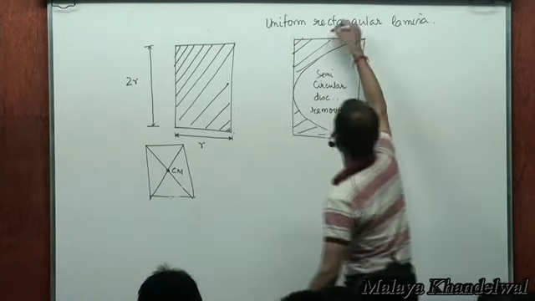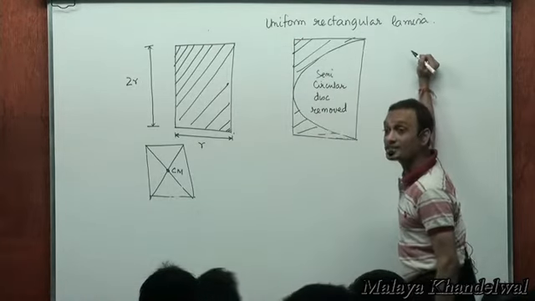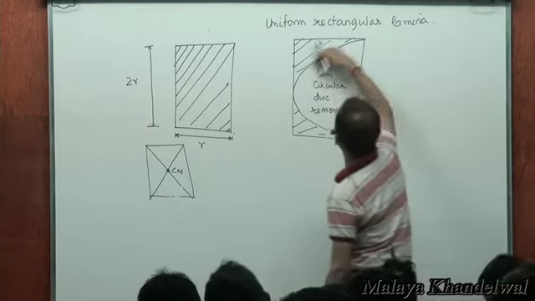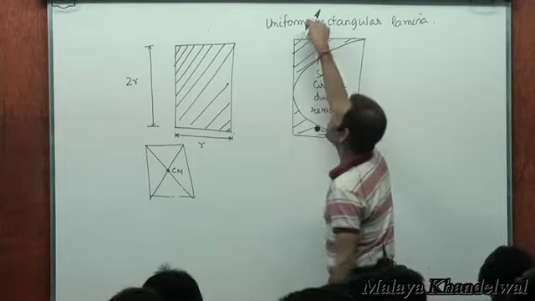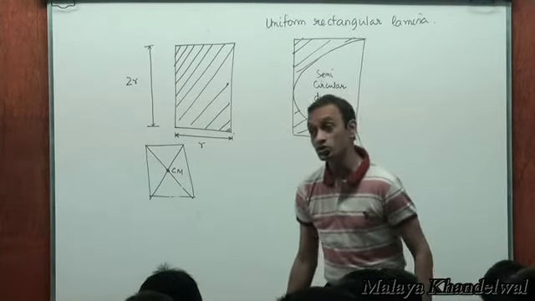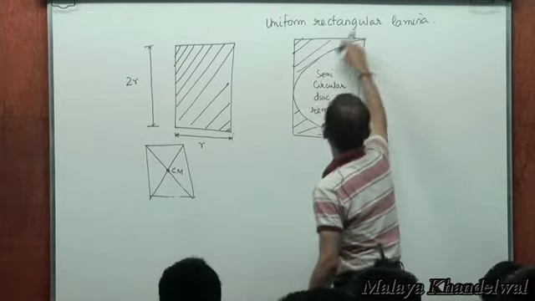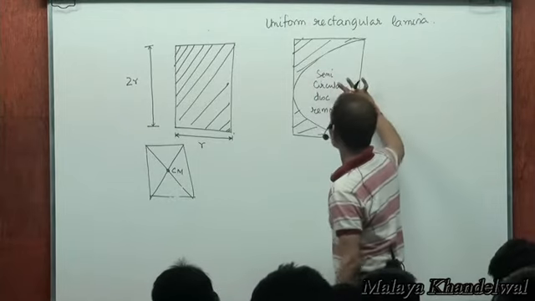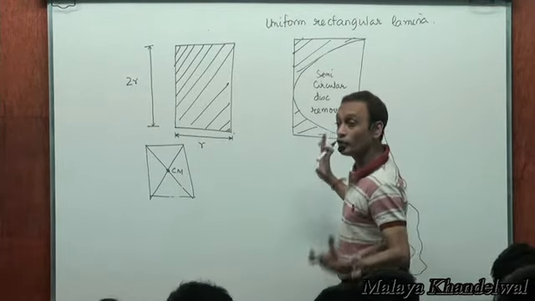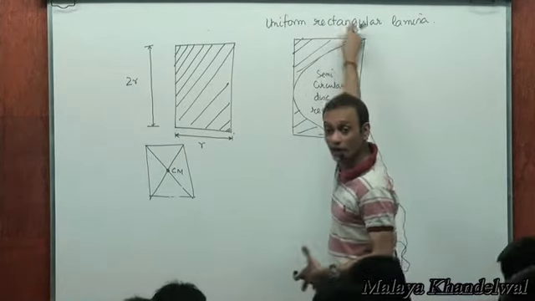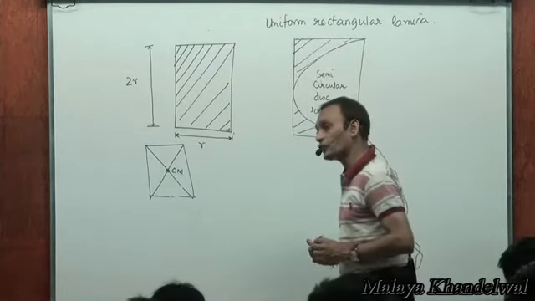What you see in the shaded portion is the mass left. Now I want to find the location of the center of mass of the leftover portion, once you remove this semicircular disc, that means the shaded portion that you see here. Is that okay or not okay?